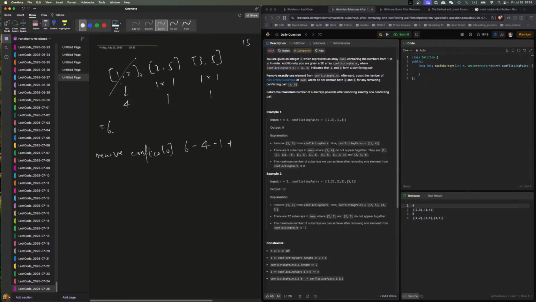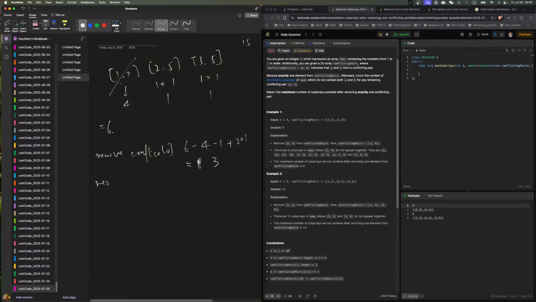So after remove the conflict, this will go to the front, so that's actually 2 times 1, right? So this will give me 2. So the remove is 6 minus 4 is 2. 2 minus 1 is 1. 1 plus 2, it will become 3. So I remove this, I only have 3 to remove.